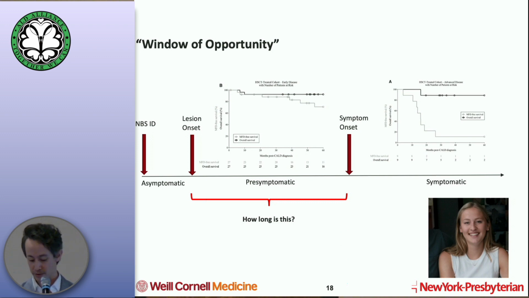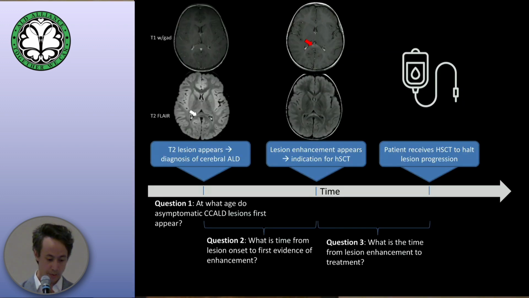A lot of this data was collated and analyzed by Anna Torrey, who works with the group at the Moser Center. We broke this question down into 3 questions. First, at what age do boys develop early signs of demyelination on the T2? So what age does CCALD first appear?